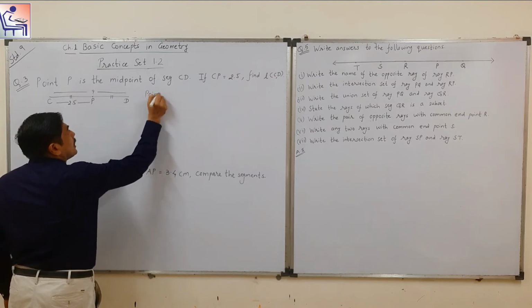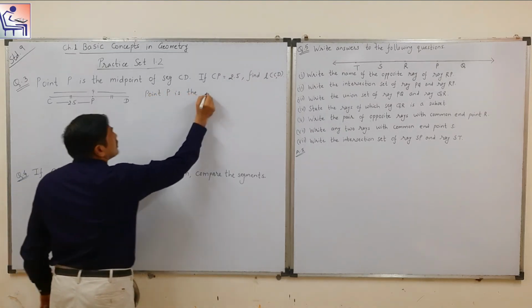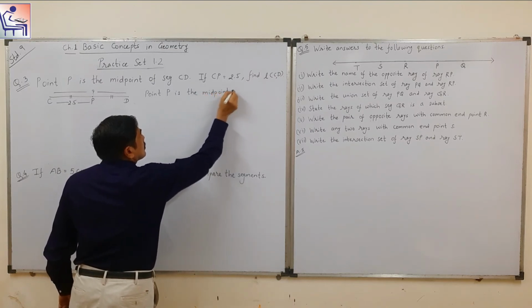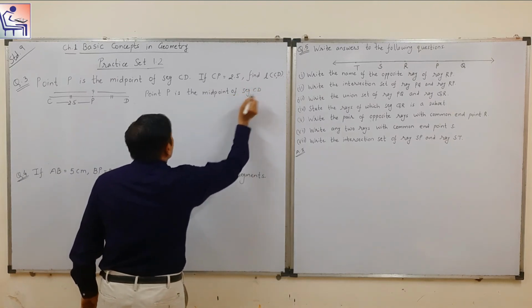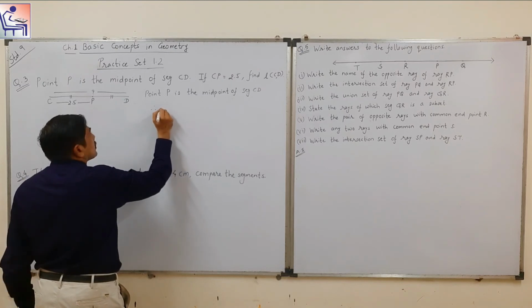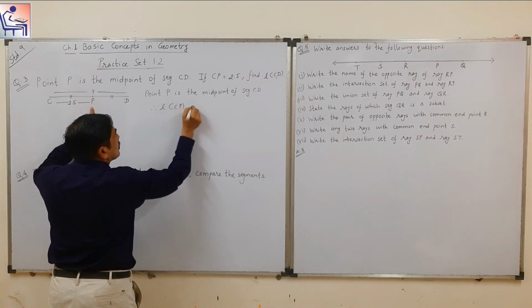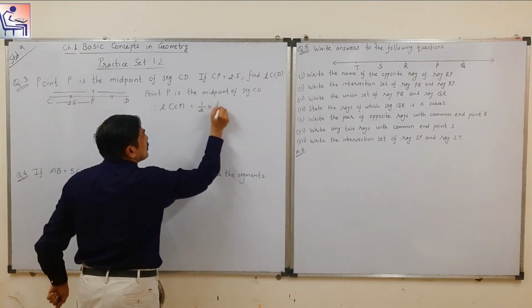Point P is the midpoint of segment CD. Therefore, length CP is equal to half of length CD.